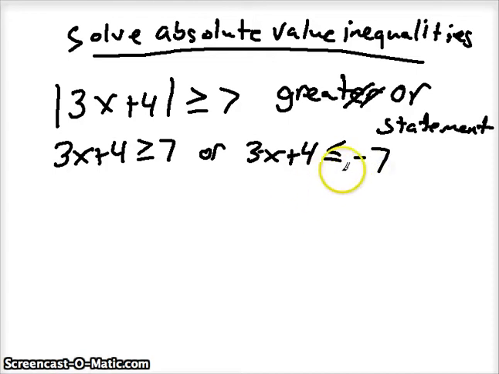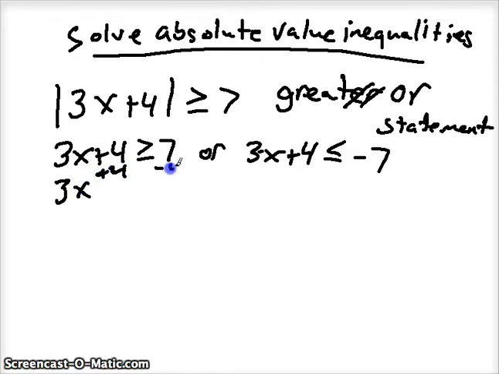The way you can remember how to set this up is the one with the negative value on the other side is the less than. The negative always has the less than, and the positive value always has the greater than. We're talking about greater than 7 or bigger than 7.